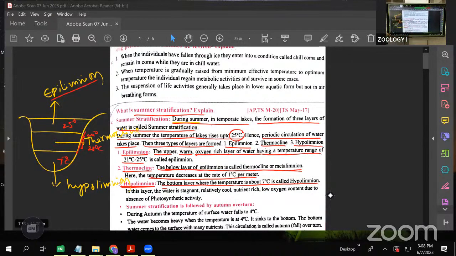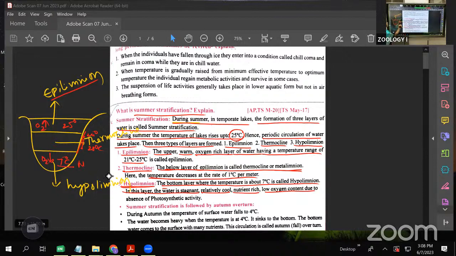In this layer, oxygen is less. Here, the water is stagnant, meaning it is not movable. It is stagnant, relatively cool compared to the other layers, nutrient rich and low in oxygen content. The upper layer has more oxygen; plants are there, that's why there is more oxygen. Inside the hypolimnion, less oxygen is there, but the nutrients are more.